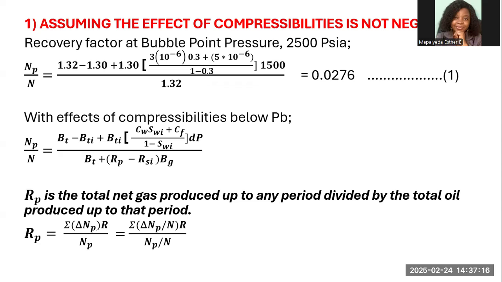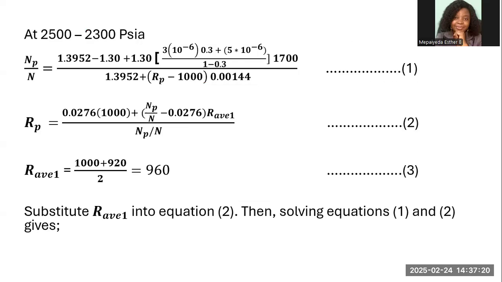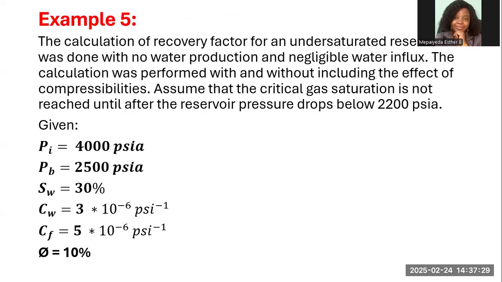Okay, the bubble point pressure is 2,500. But it was stated in the question that the gas did not actually begin to flow until the pressure dropped below 2,200.